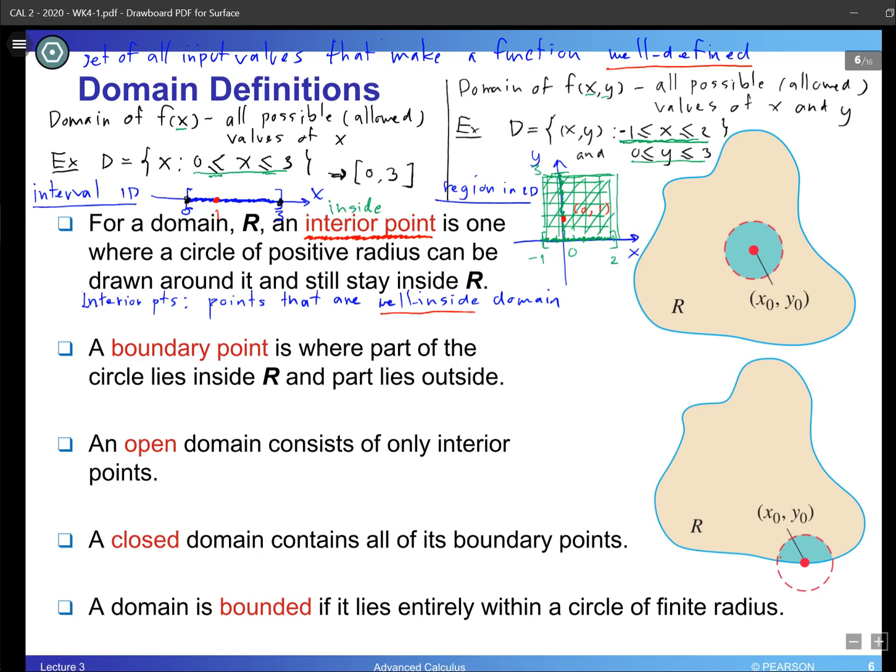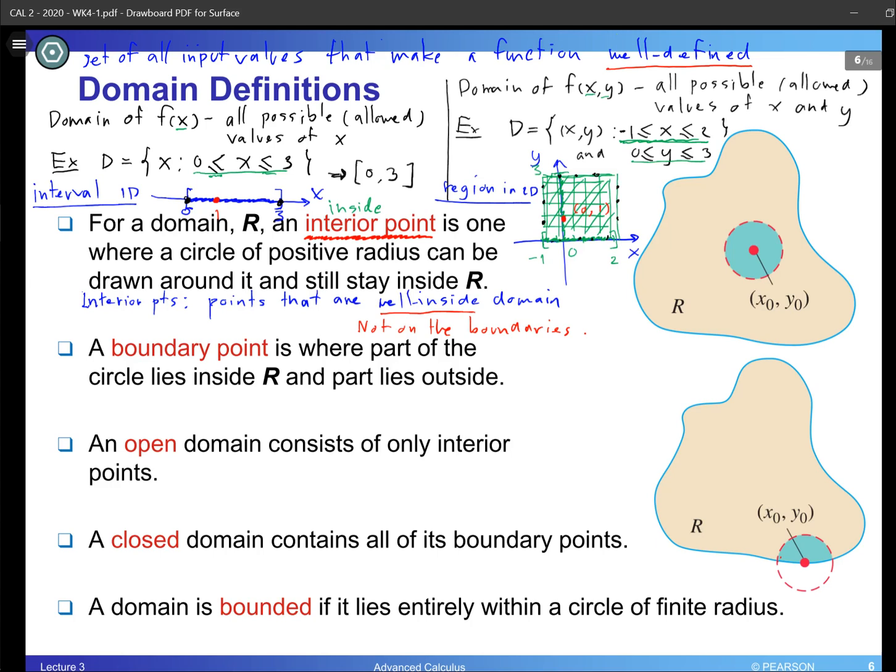This point is not well inside because it's in between inside and outside. Same for the region. Points that are not well inside, between outside and inside, and we are talking about all these points on the boundaries. So in other words, interior points are points that are not on the boundaries. So let's make a quick note right here. Well inside means not on the boundaries.